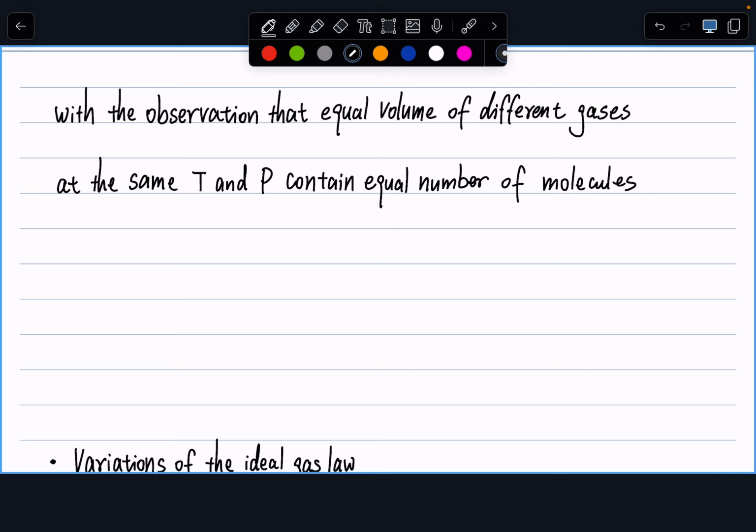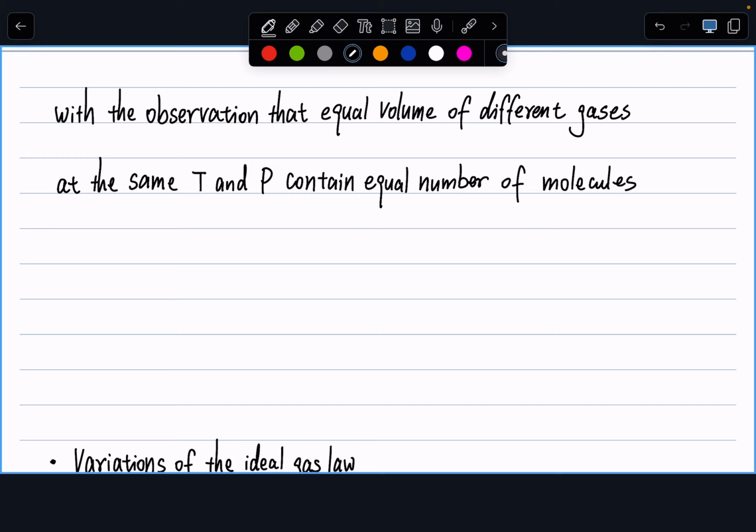So let's take a look at that constant mass part and add our final piece of the puzzle into our ideal gas law. So what do we have? We know that equal volumes of different gases at the same temperature and pressure will always contain an equal number of molecules. So that's for ideal gases only.